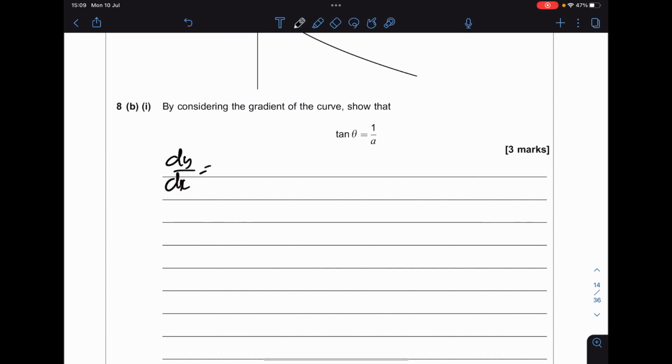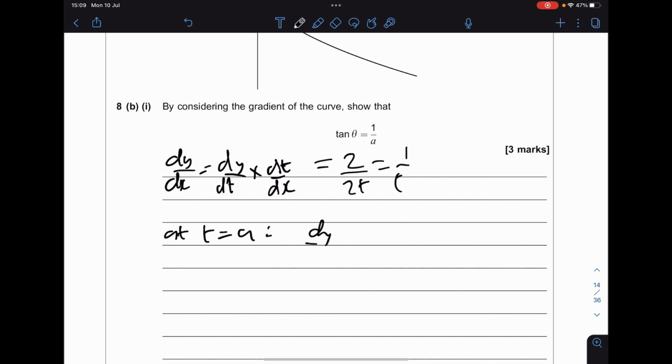dy by dx is dy by dt times dt by dx by the chain rule. So I'm going to do some parametric differentiation, which is what, 2 over 2t, which is 1 over t. At t equals a, dy by dx will be 1 over a, but we know that the gradient of a line is the same as tan of an angle.